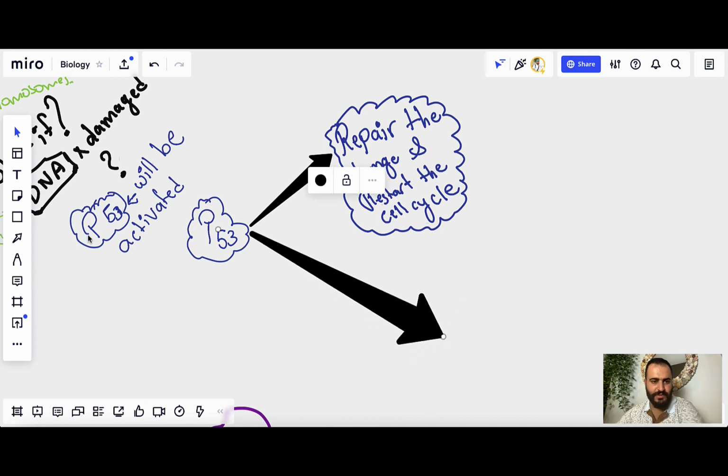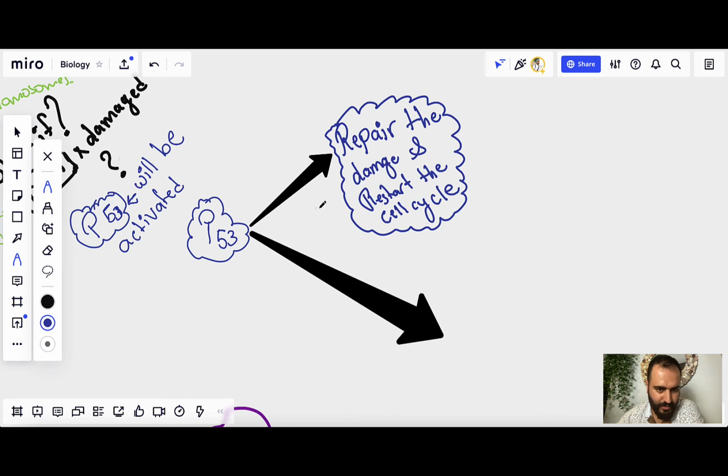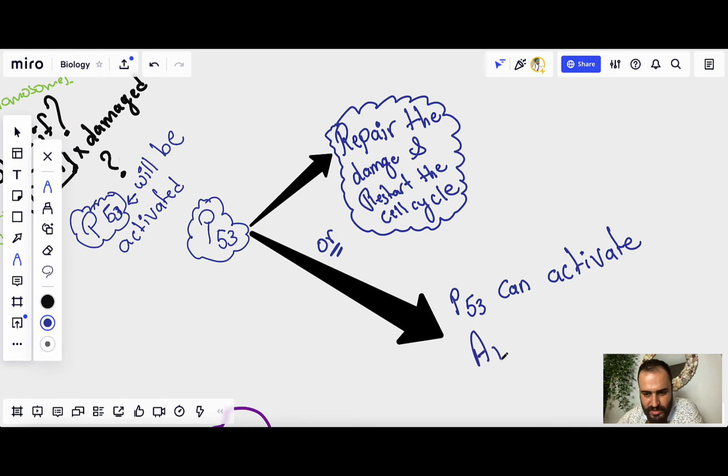And the other choice is, if this is not possible, P53 can activate something called apoptosis.